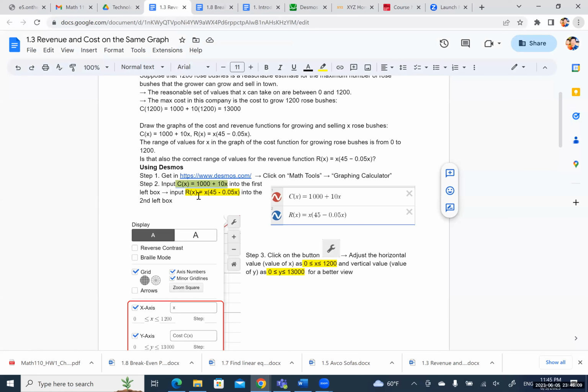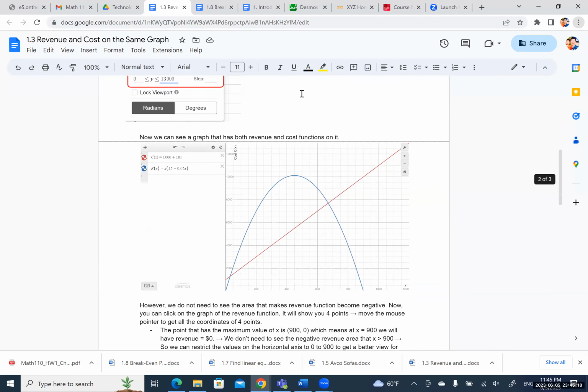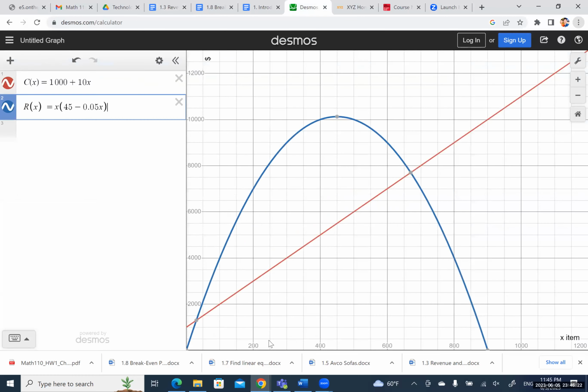Yeah. So I did input this step, right? Okay. So now the graph has two things. One is the function of cost, and another one is the function of revenue.